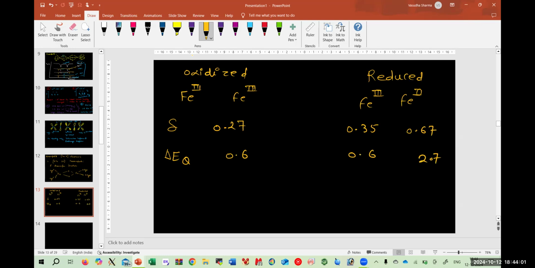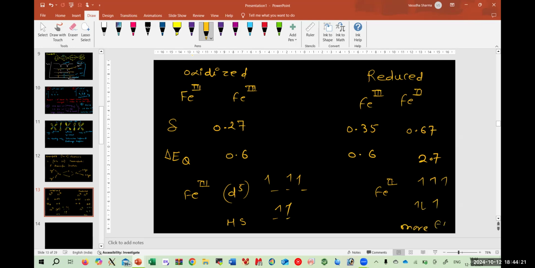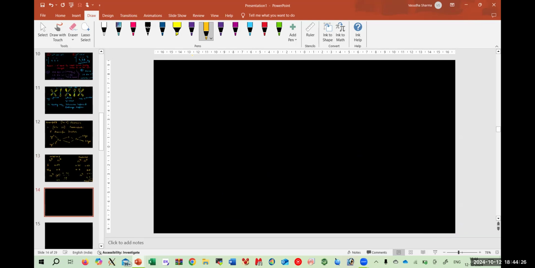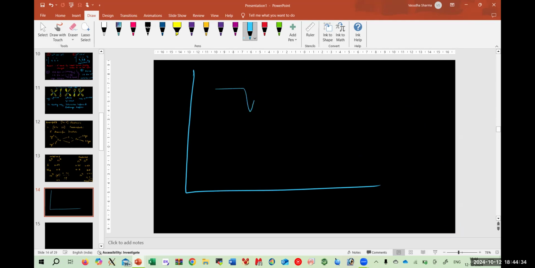This is expected because iron 3, since it's a tetrahedral system, is always high spin. And iron 2 has more EFG. It is expected. Moving to the spectrum, firstly we get this one.